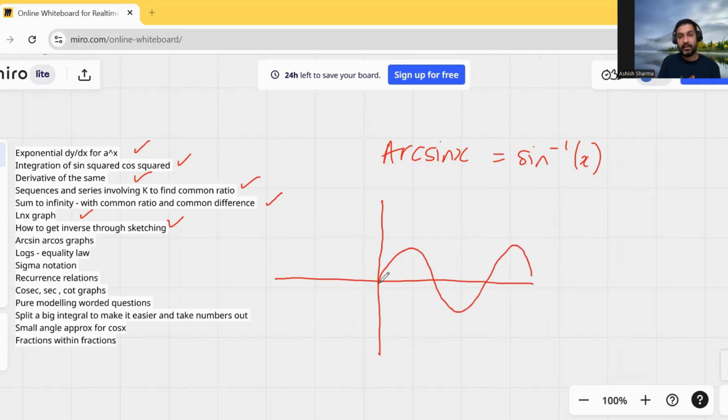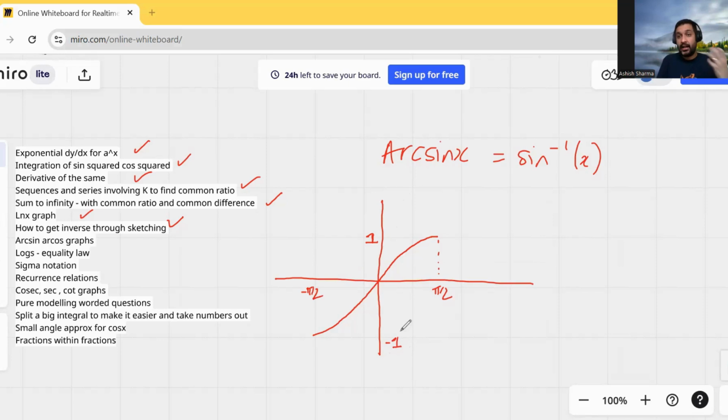So if I just look at it as it is, it does not have an inverse. But what I'm going to do instead is restrict the domain to make it one-to-one. I'm going to restrict it to minus pi over 2 to pi over 2, with range 1 and minus 1. When you restrict it between that domain, you will get a restriction in your range as well.